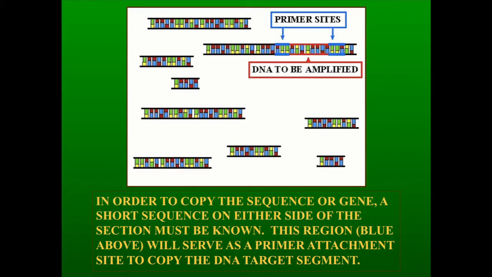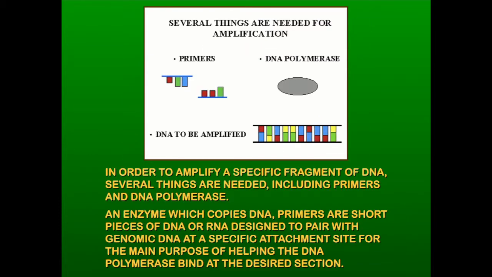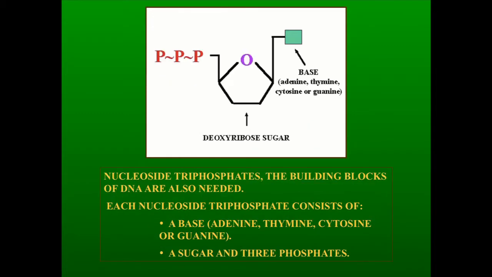So I can make these short primers, 8 to 13 base pairs long, of the DNA to be amplified. So the things that I need are this heat-stable DNA polymerase, the DNA to be amplified, the primers, and bases, A's, T's, G's, and C's, that I put into the reaction mix.